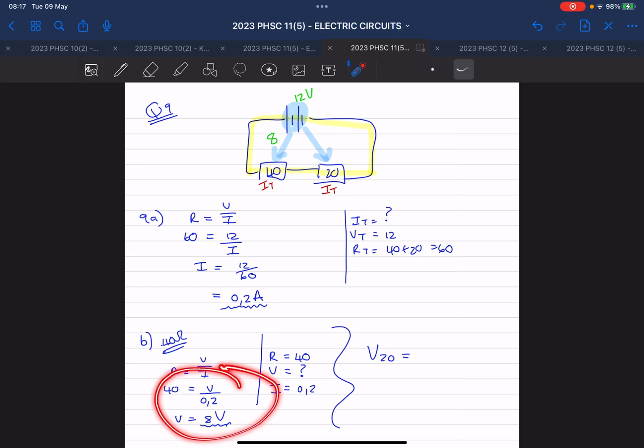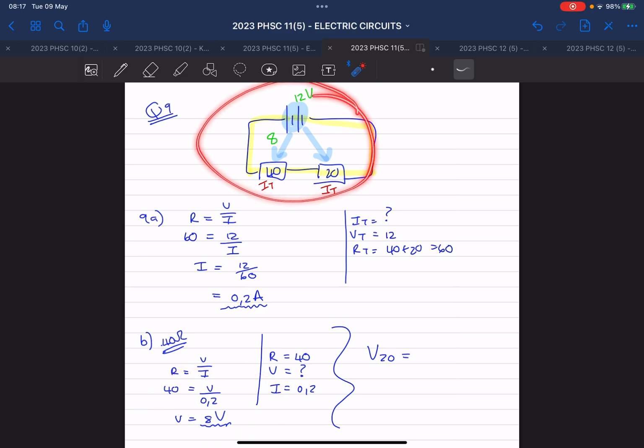I want you to use your knowledge of circuits. Of the 12 sandwiches, how much is used there? Subtract: yes, 12 minus 8 gives you 4.